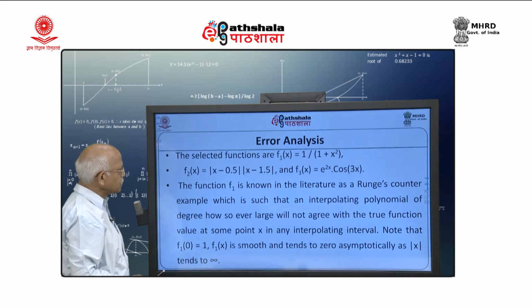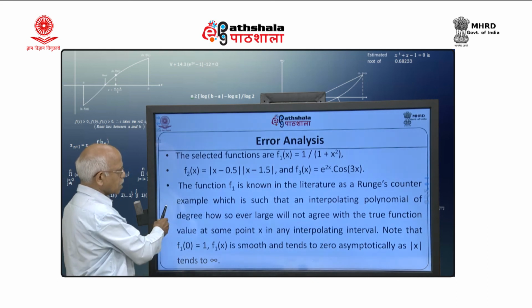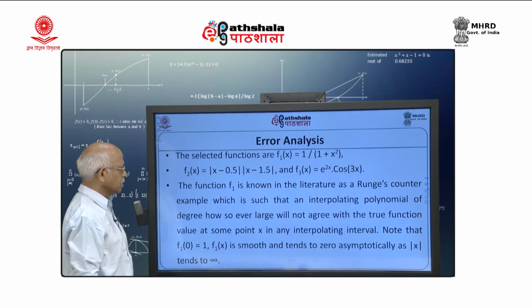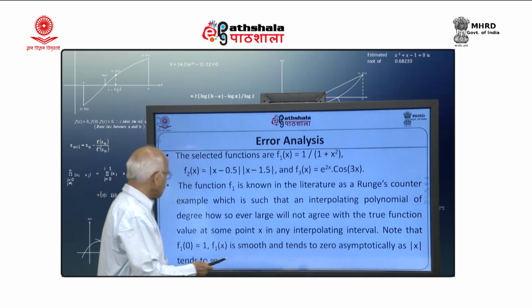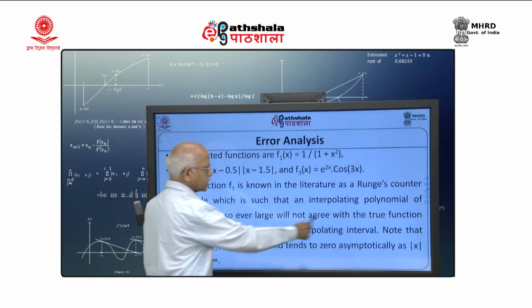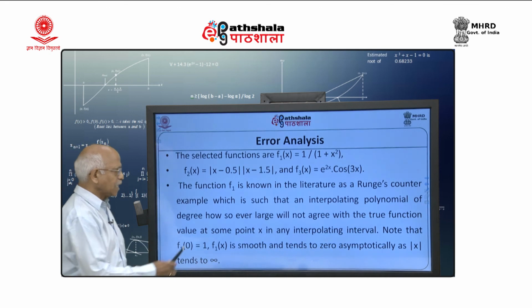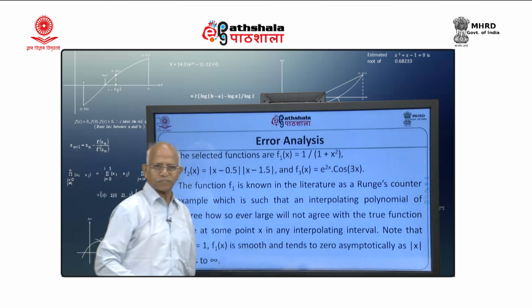The function f1 is known in the literature as Runge's counter example, which is such that an interpolating polynomial of degree, howsoever large, will not agree with the true function value at some points x in any interpolating interval.